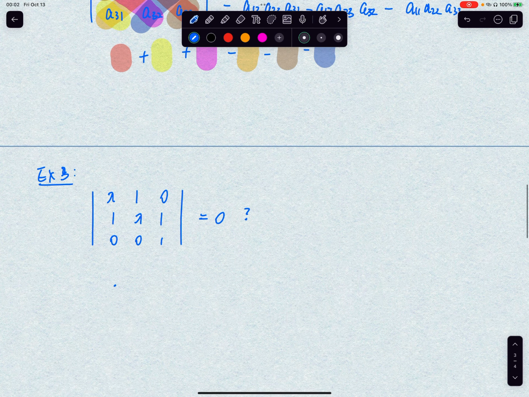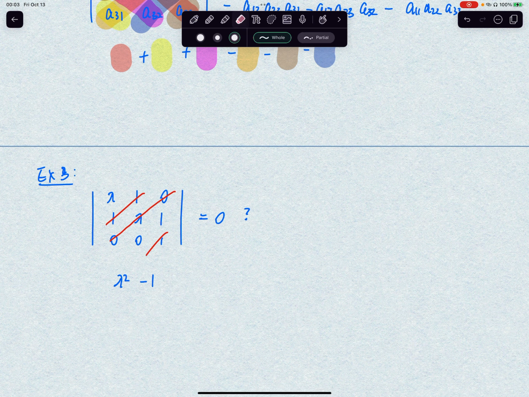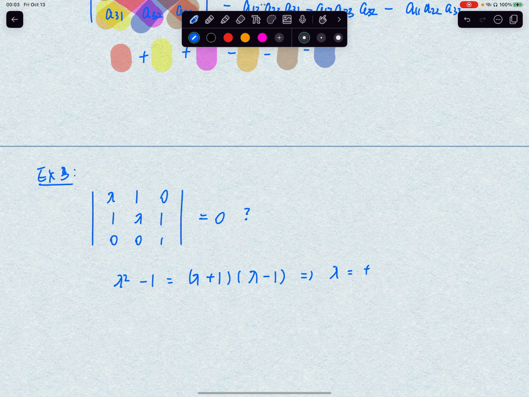So we see that lambda squared times 1 times 1 plus 1 times 1 times 0, and we know that they're all 0. On the other side, we have this guy being 0, this guy being 1, so we have a minus 1. And the other side is also a 0, since it's lambda times 1 times 0. So we have lambda squared minus 1, which is lambda plus 1 times lambda minus 1, which means lambda equals plus or minus 1.